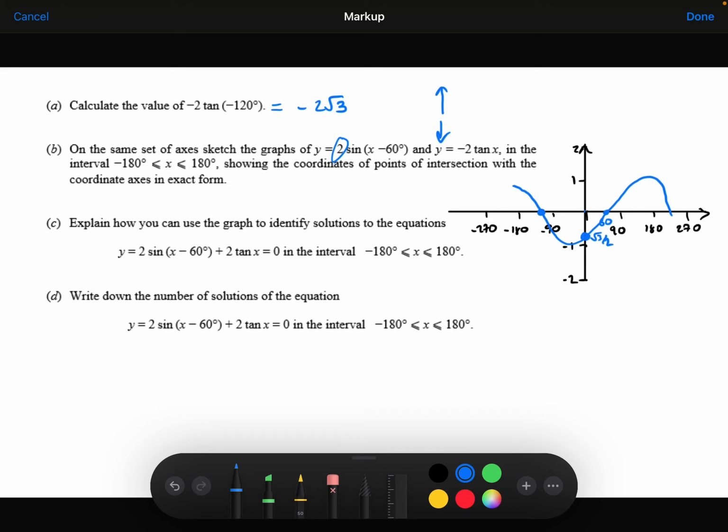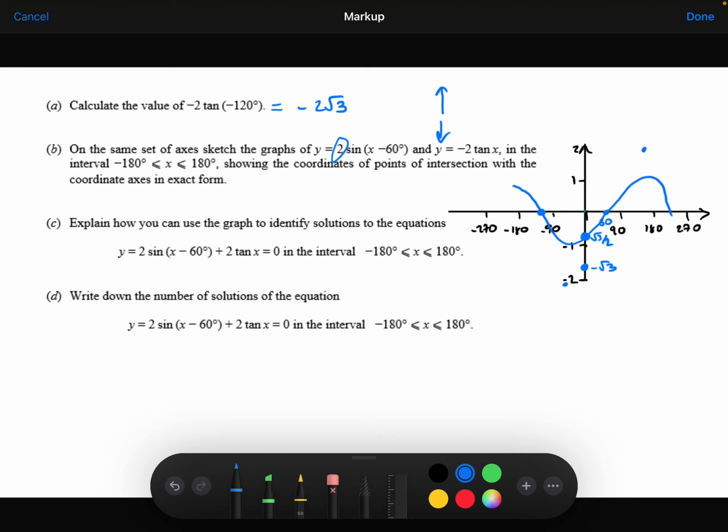So my y-intercept that was at minus root 3 over 2 is now going to be at minus root 3. The maximum and minimum points are now going to be at 2 instead of 1.